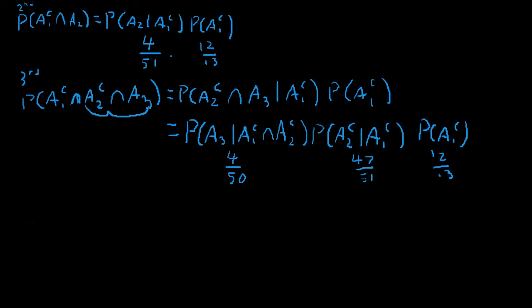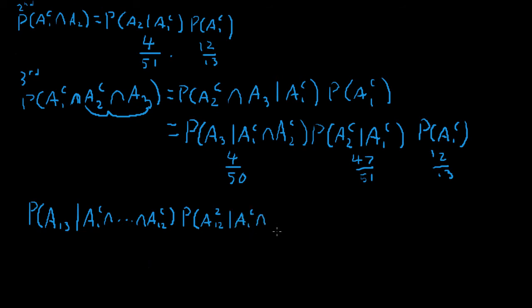We can write it out as the probability of A13 given that none of them have been aces so far, A1 complement intersection through A12 complement, times the probability of A12 complement given A1 complement down to intersection A11 complement, and so on.